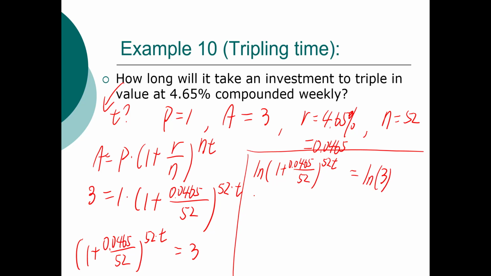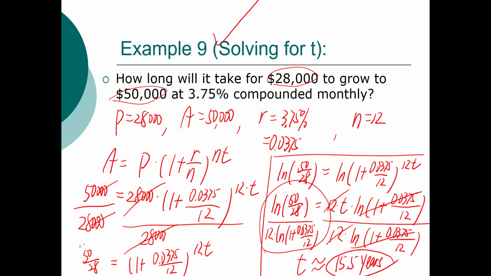And 52t goes in front, times ln of 1 plus 0.0465 over 52. On both sides, okay, so we get that. So we put ln of 3 first.